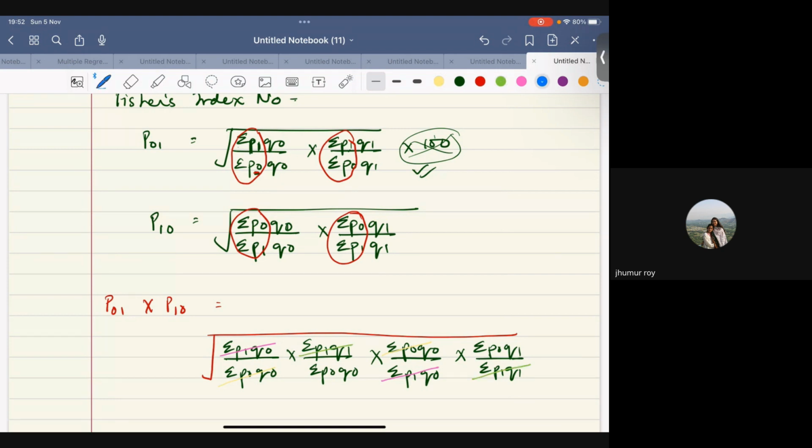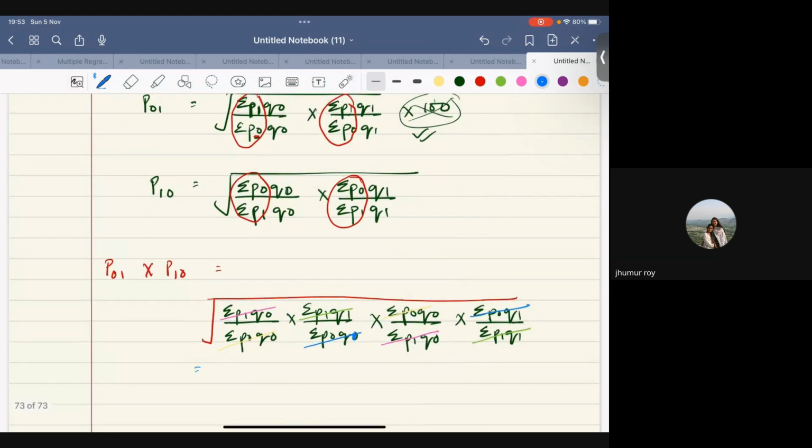And the last, sigma P0 Q1 and this. So it will come out to be under root of 1, that is equal to 1. That is all that I want to say, that even if you change the time period, the index number will still be correct. Is it clear? So you can reverse the timing, still the index number is correct. That is all that you need to do in this.